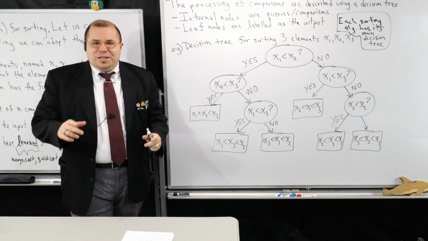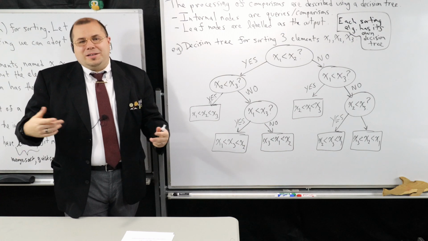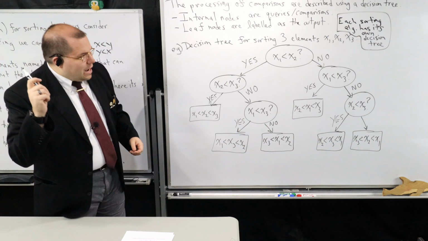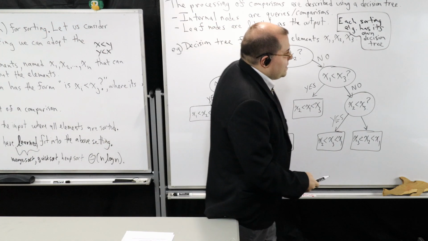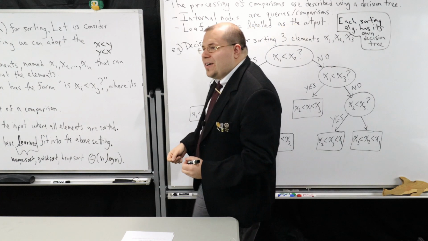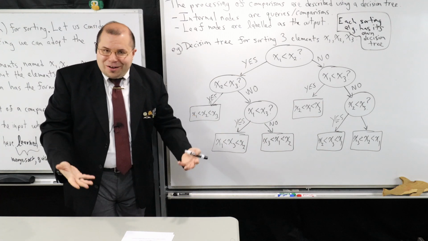So this is the connection between our model and what we think about when we do our typical analysis. A permutation where all the elements are sorted. Yes, that's the output that you get when you get down to one of these leaf nodes, but it is in fact the way the algorithm processes all the comparisons, right?